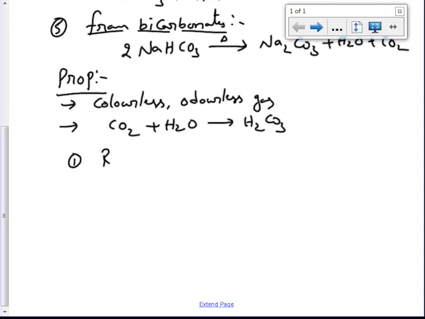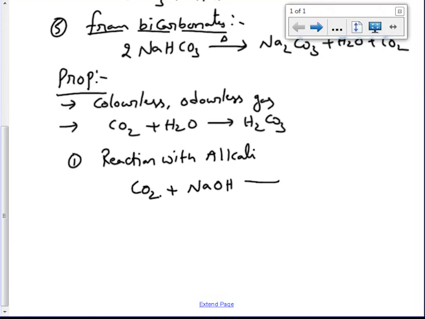Next, the reaction with alkali. Carbon dioxide on reaction with a strong base like sodium hydroxide, 2 moles, can give the corresponding salt, sodium carbonate, and water.